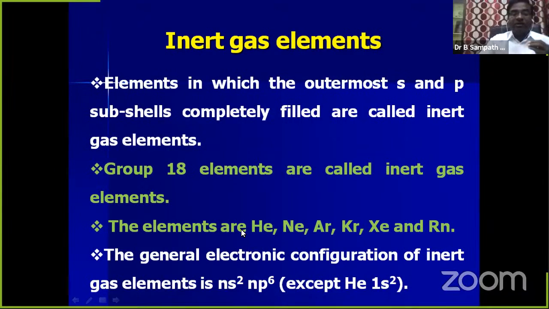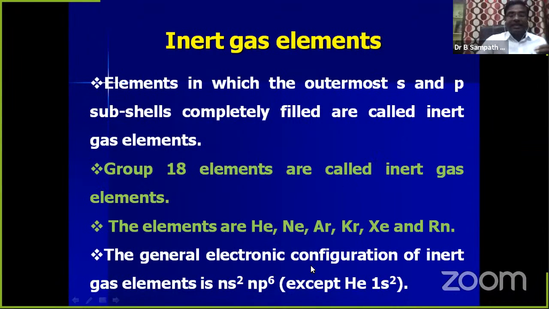The elements are helium, neon, argon, krypton, xenon, radon. Only these elements have the valency electronic configuration ns2 np6. That means the outermost S and P subshells are completely filled.